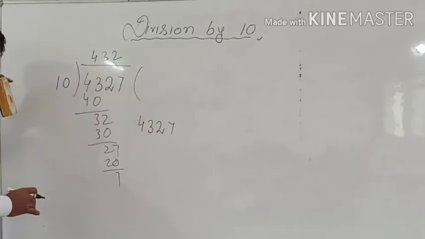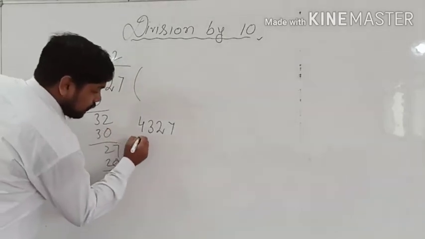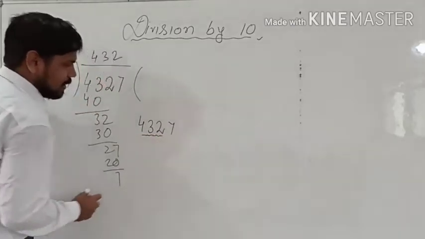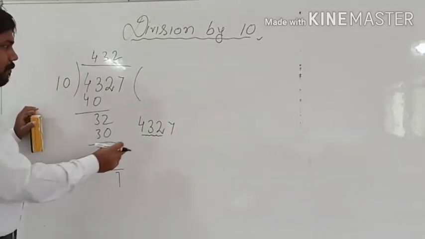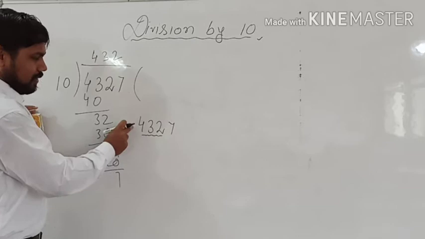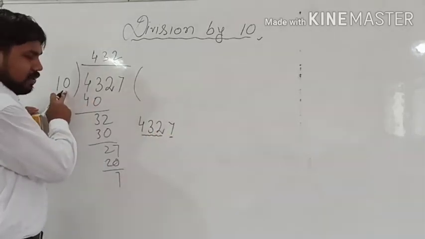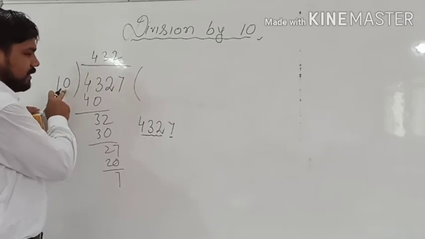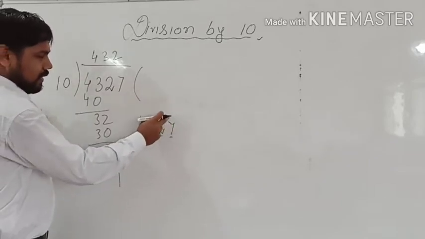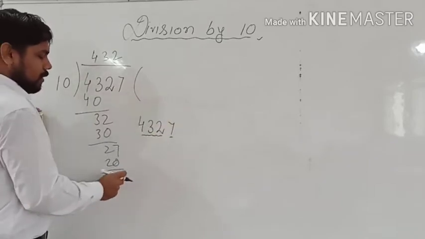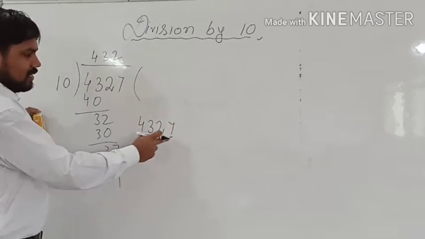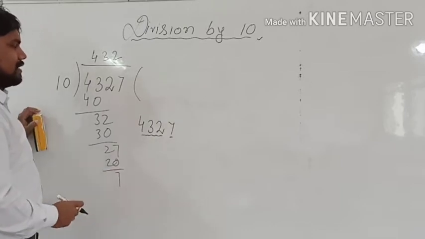When we are dividing by 10, we are getting these 3 digits as the quotient, and the ones digit, because we are dividing by 10 only, will be the remainder. Ones digit is the remainder. So this is the case here.